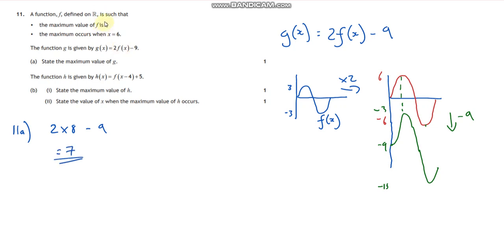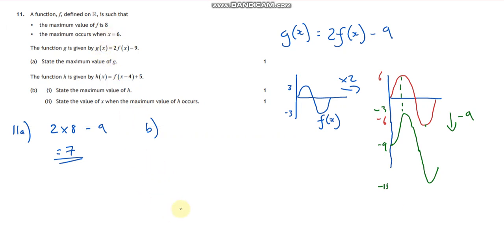Because I'm taking my y value, doubling it, and taking away 9. Happy with that? So they can be quite tricky, the graph questions, a bit wordy, and there's a bit of thinking going on, but that's the crux of it. We're doubling our function and taking away 9. We don't right now need to care where it occurs. I think that's just there to confuse you.